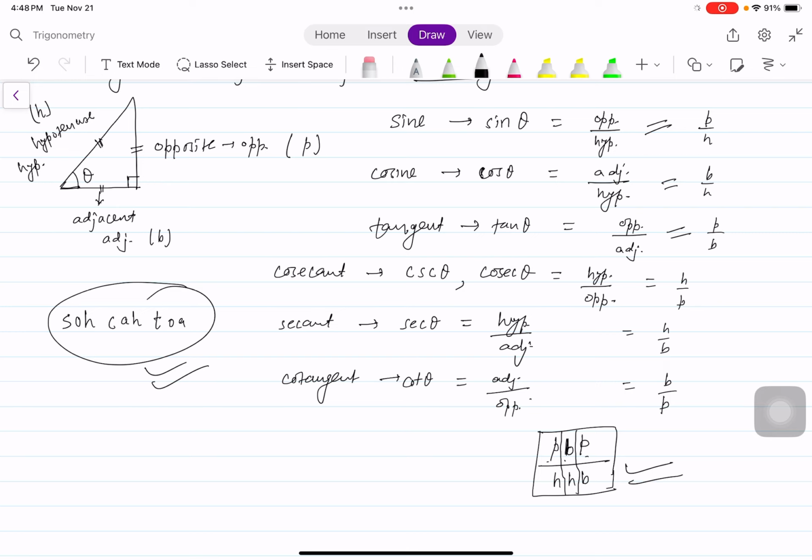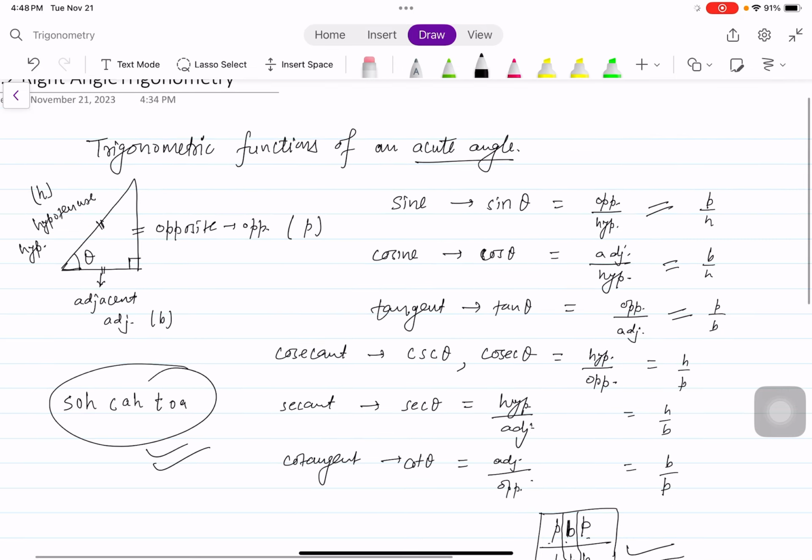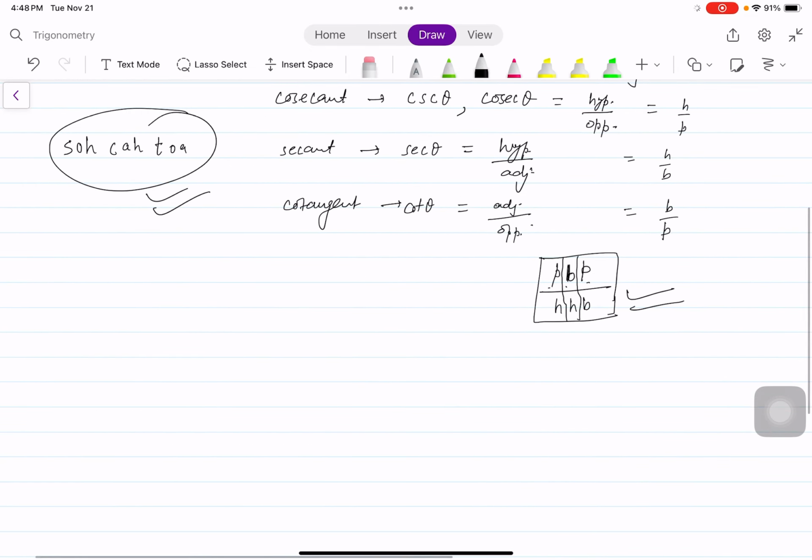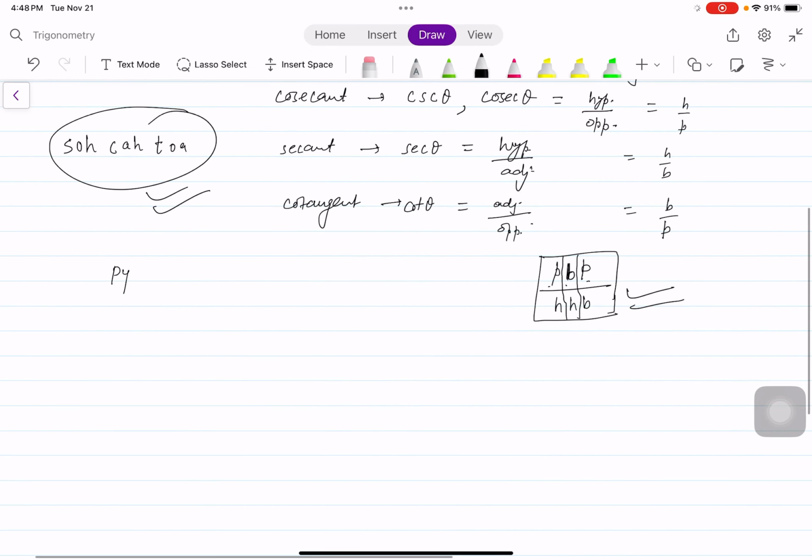And in this right angle triangle, the Pythagorean theorem holds. What is the Pythagorean theorem?